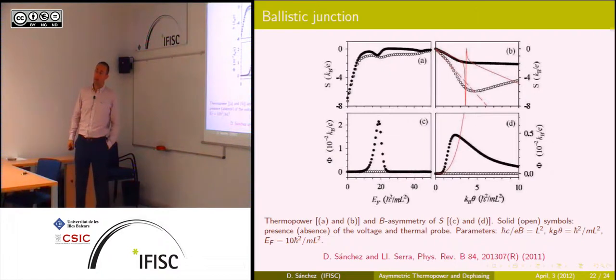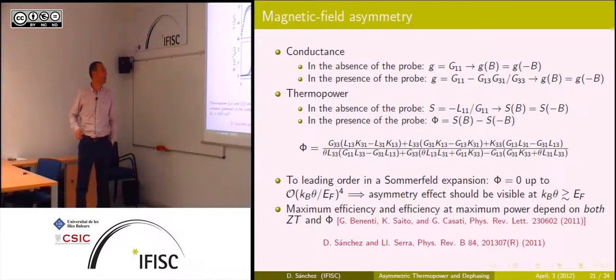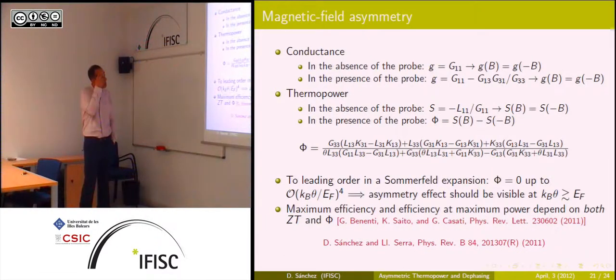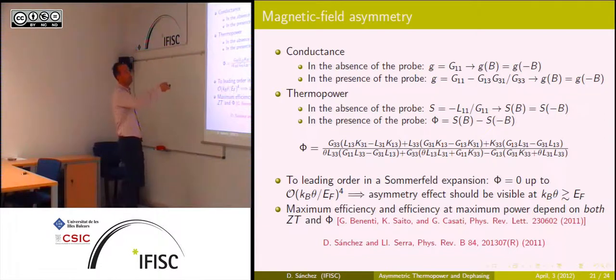You just need some chiral conductor with a magnetic field, maybe, to have this asymmetry. Here we just compared the absence of the probe and the presence of the probe. Maybe you don't need any inelasticity. Maybe you need some electron interactions. That could be enough. I don't know. Maybe.